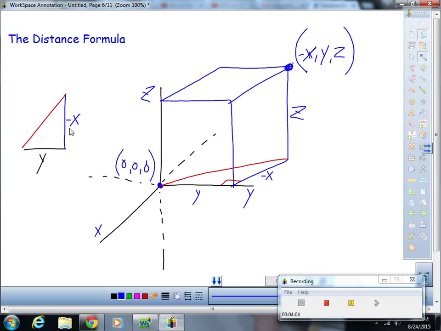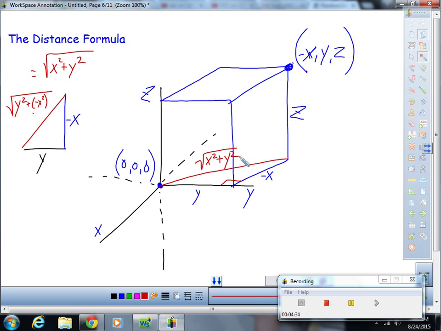So to find the length of our diagonal of our base, which would be our hypotenuse, we would just do the square root of y squared plus minus x squared, which is the square root of x squared plus y squared. So we leave it like that. So now we know that the red line has a length, radical x squared plus y squared. That's still from our 2-dimensional Pythagorean theorem.